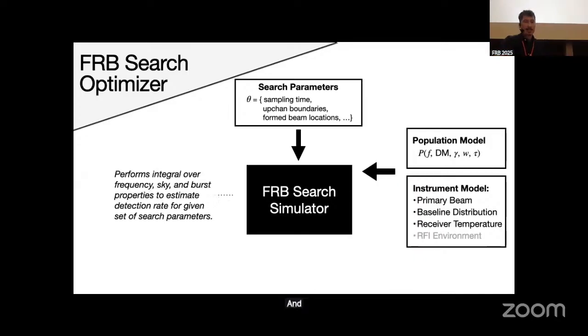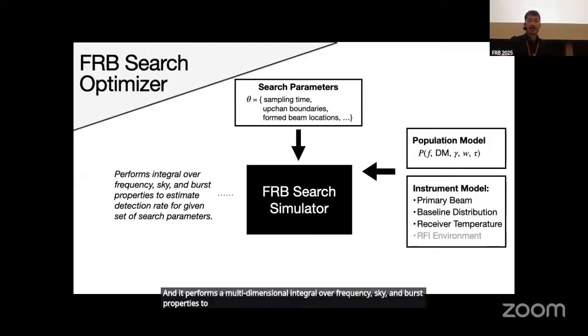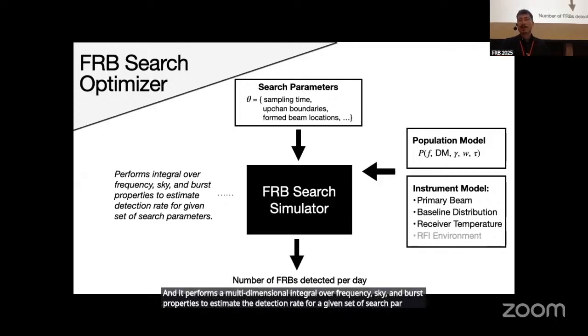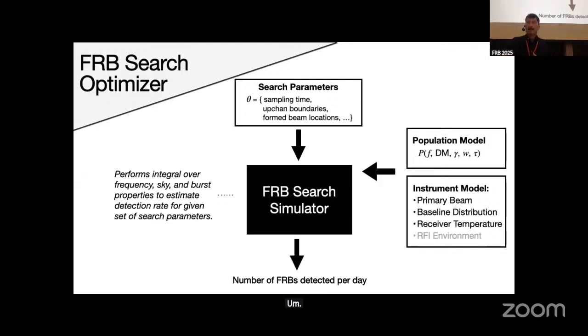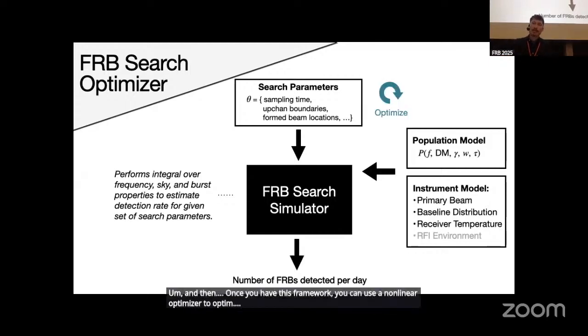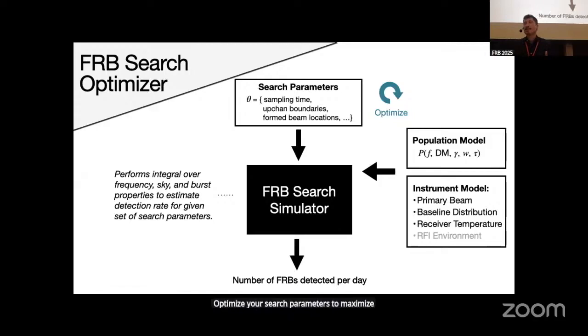And it performs a multi-dimensional integral over frequency, sky, and burst properties to estimate the detection rate for a given set of search parameters. And then once you have this framework, you can use a nonlinear optimizer to optimize your search parameters to maximize the number of FRBs detected, given some fixed computational cost.